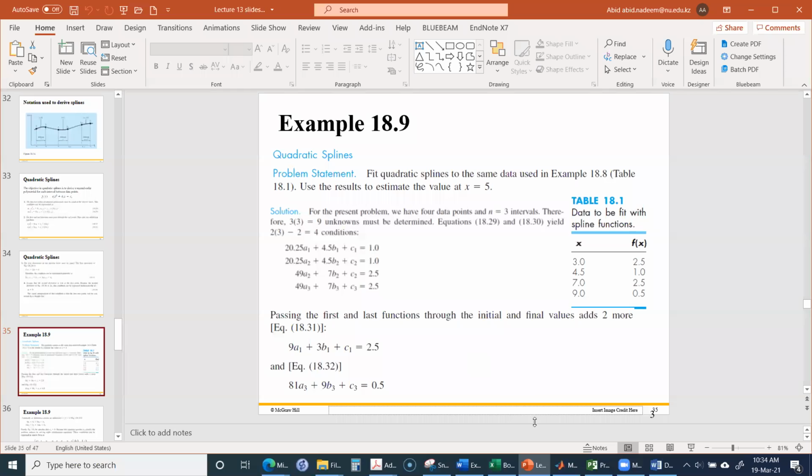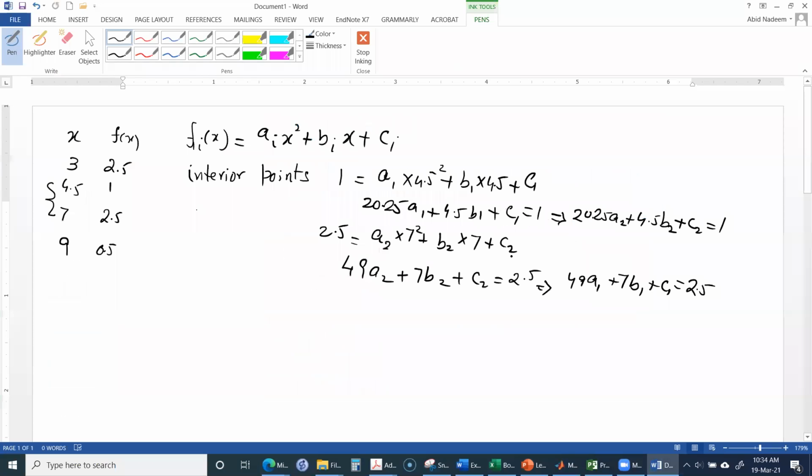You can see that these equations represent the common point. For example, we have the first point, the second point, the third point, and the fourth point.